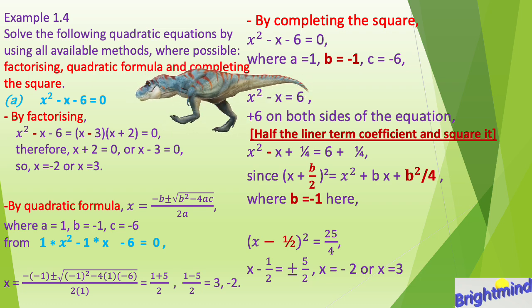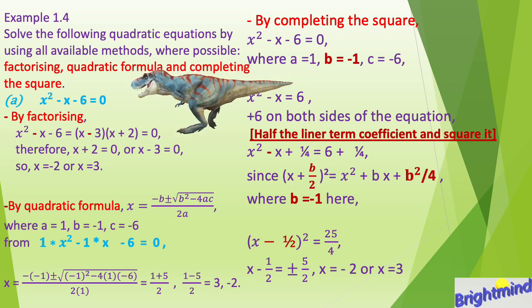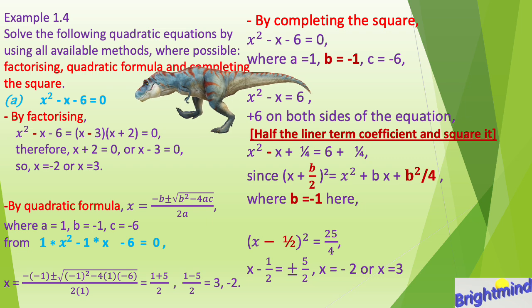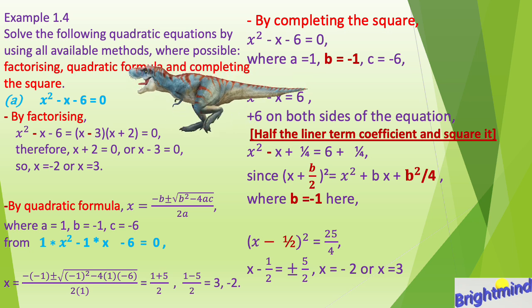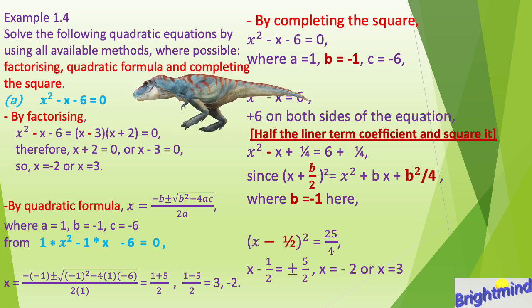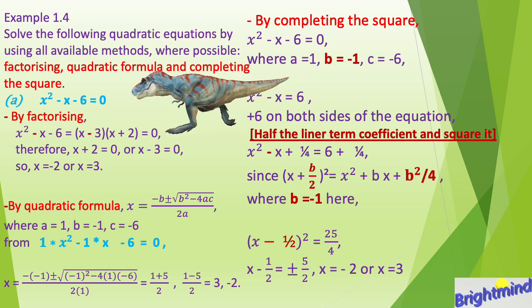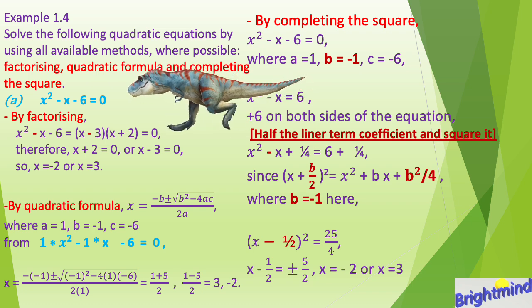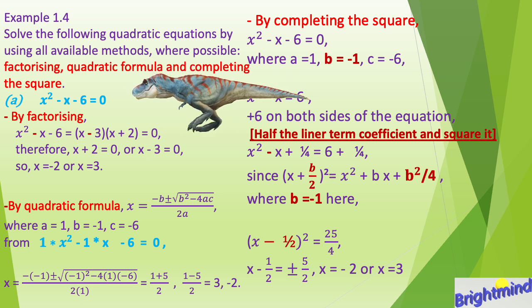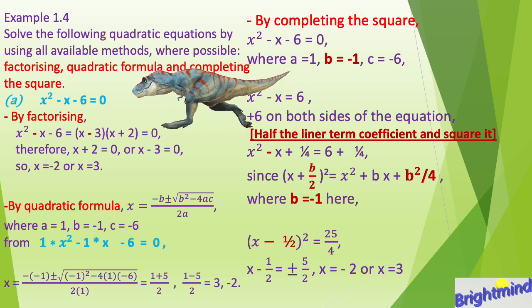By substitution, x equals negative (negative 1) plus minus square root of (negative 1) squared minus 4 times 1 times (negative 6), over 2 times 1. To simplify it, we get 1 plus 5 over 2 or 1 minus 5 over 2. The final result is x equals 3 or negative 2.